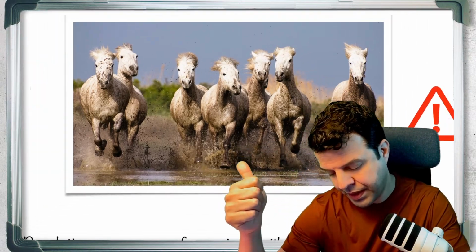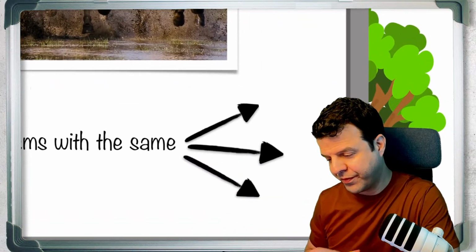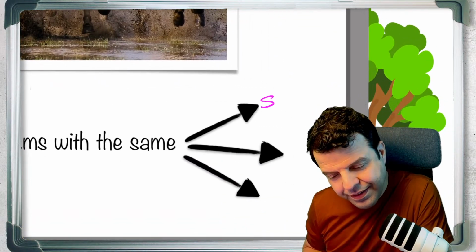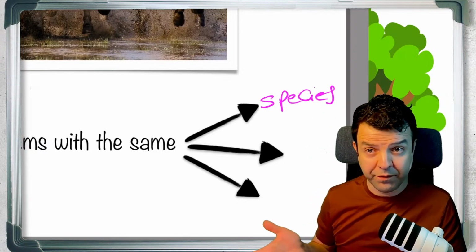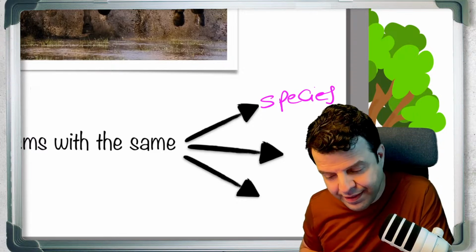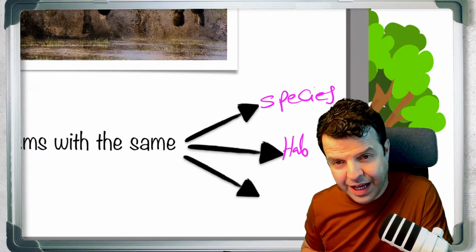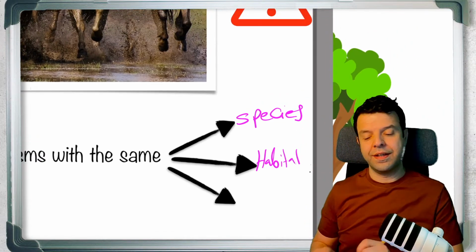Number 1, they have to be the same species. Second, they have to live in the same habitat, in the same place.